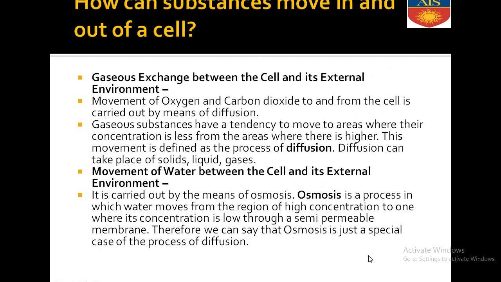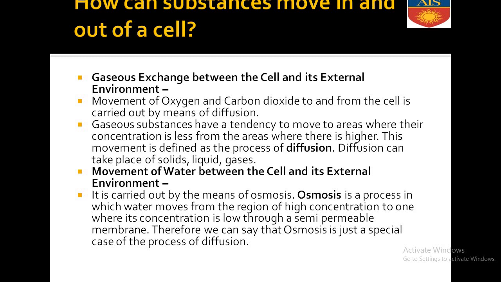Next. How can substances move in and out of a cell? We have read that there is a movement of solute or solvent, but how does it take place in and out of a cell? Let's study gaseous exchange between the cell and its external environment. The movement of oxygen and carbon dioxide to and from the cell is carried out by means of diffusion.